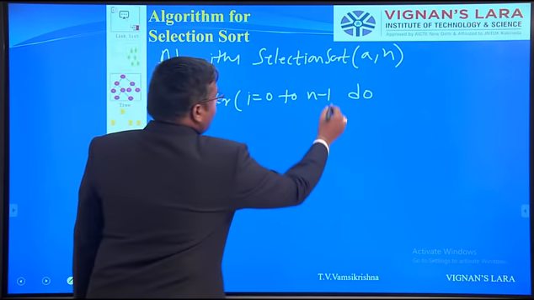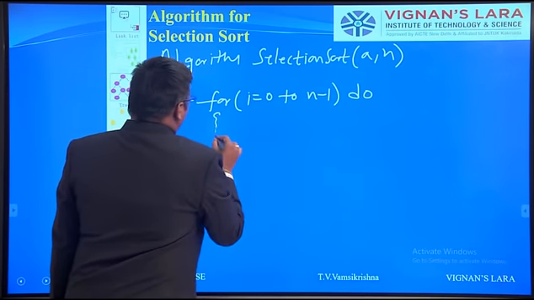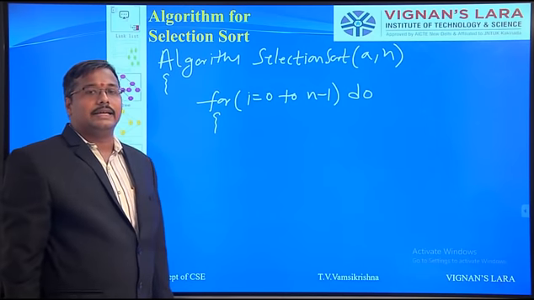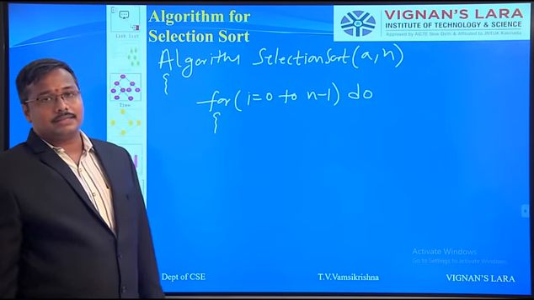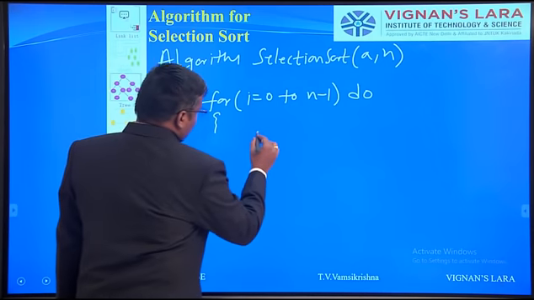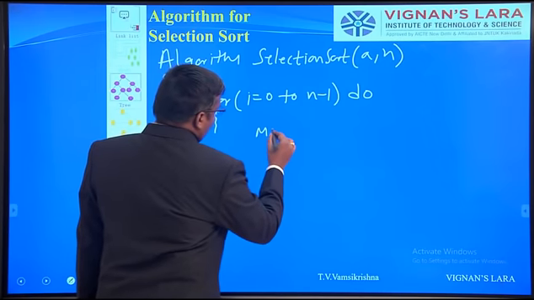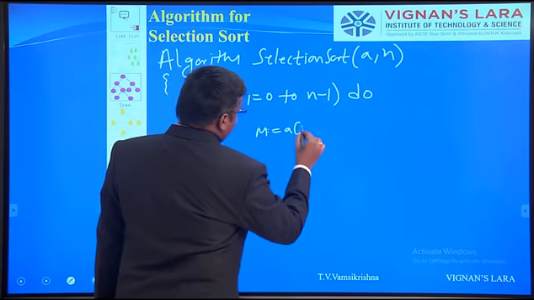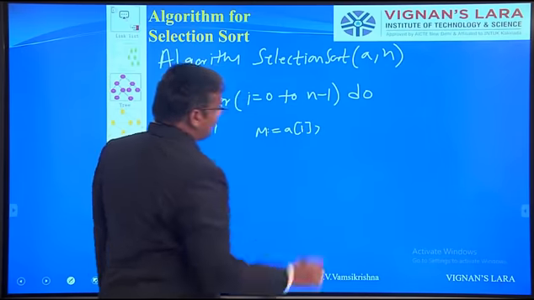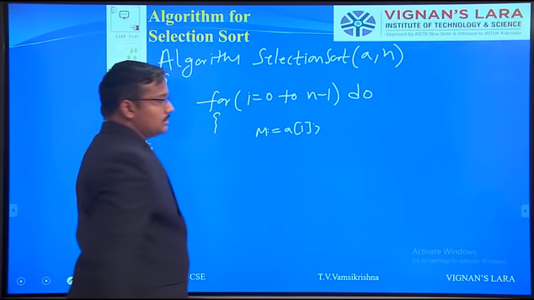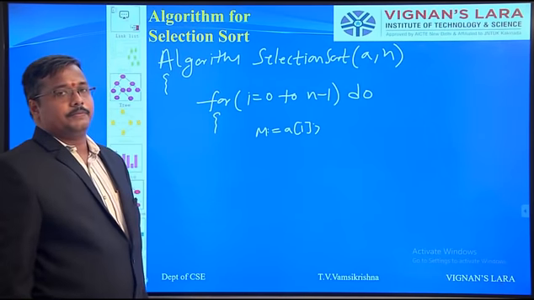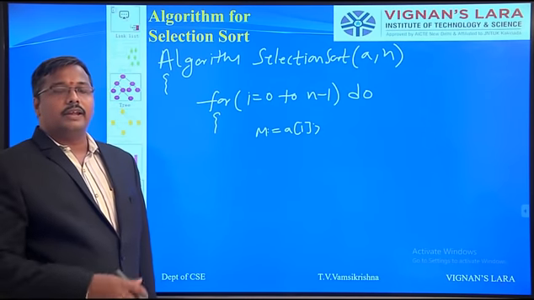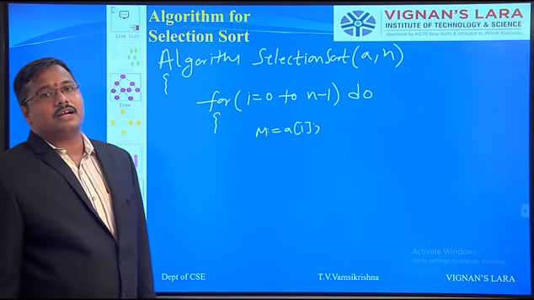In the next step, each and every time the ith position element is assumed as the minimum element, say the minimum element is A of i. Based on this minimum element, we need to identify whether there is any smaller element in the rest of the elements.